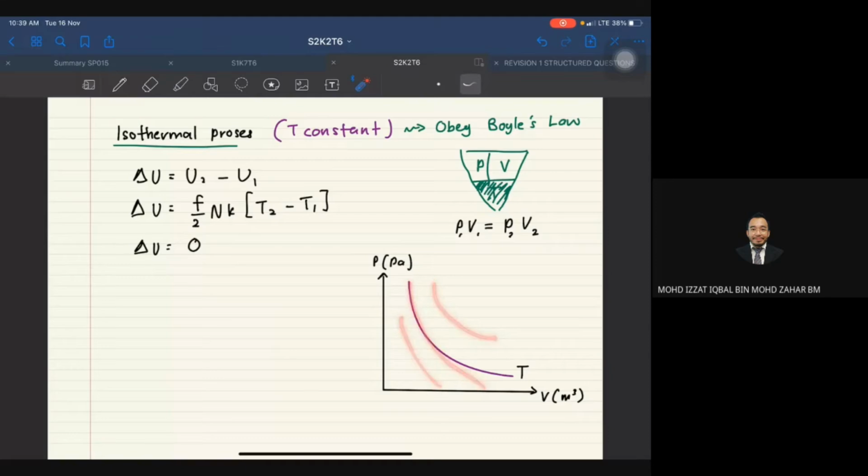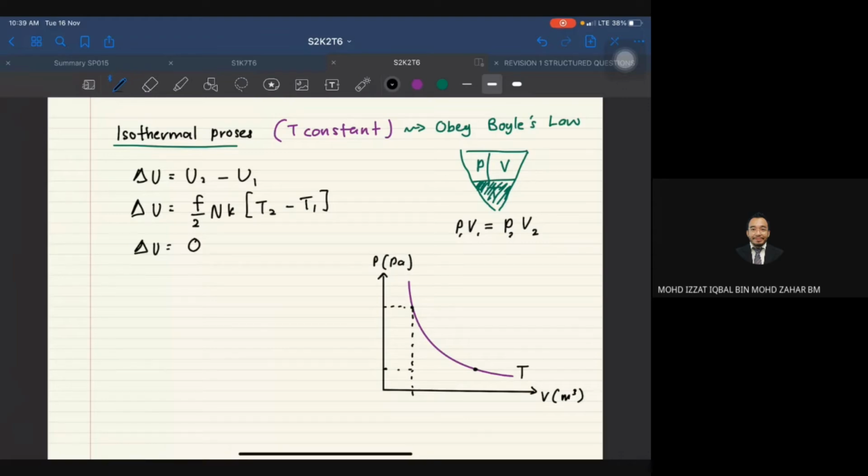Jadi kita tengok kalau dia ada different temperature. So kalau proses tu, let's say dia kata from here to here, kamu kena tengok arrow dia. Macam mana nak tentukan arrow tu, kamu kena baca dia punya ayat betul-betul.